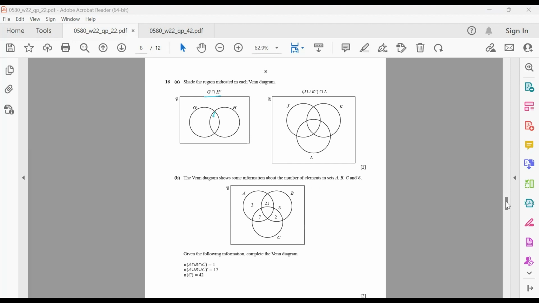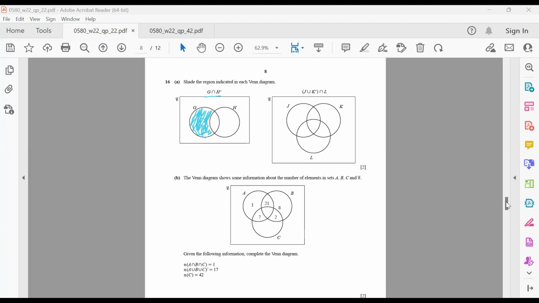Usually, if they ask us D intersect H, we would shade this part because that's the intersection where the two sets meet. But they're asking us to shade the part where G intersects with not H. So that is basically this part. So we shade everything in G.